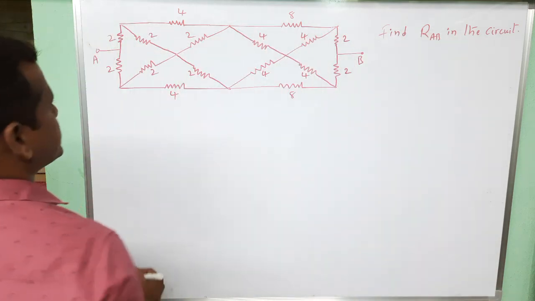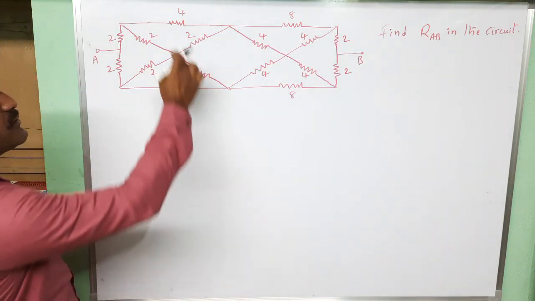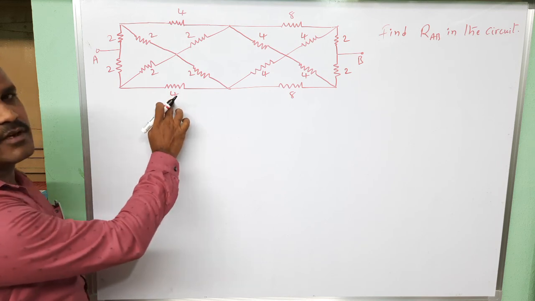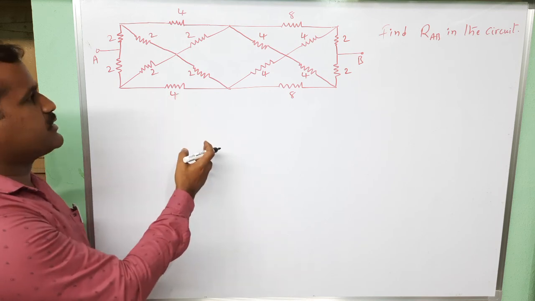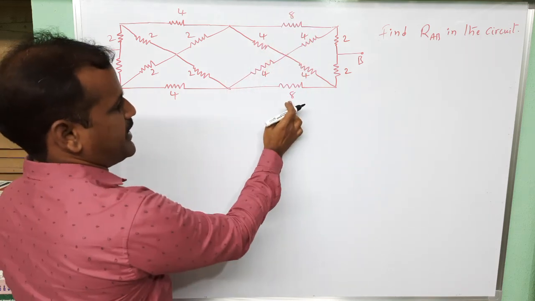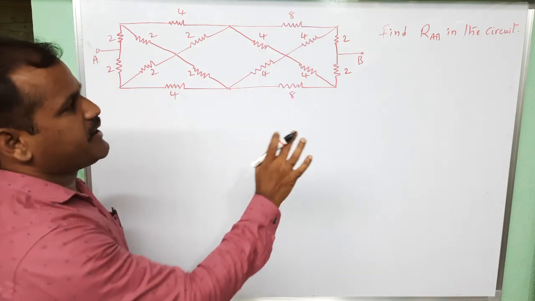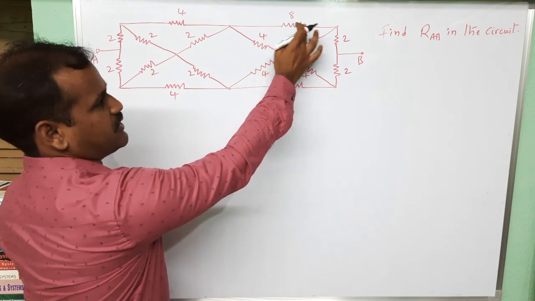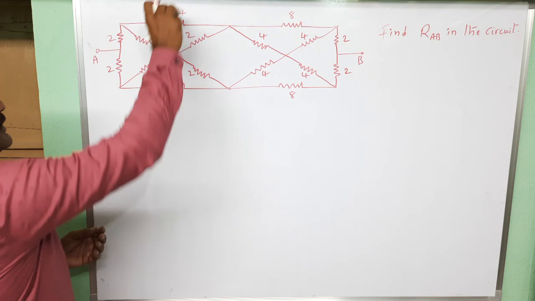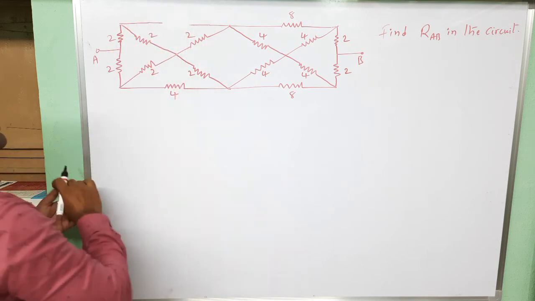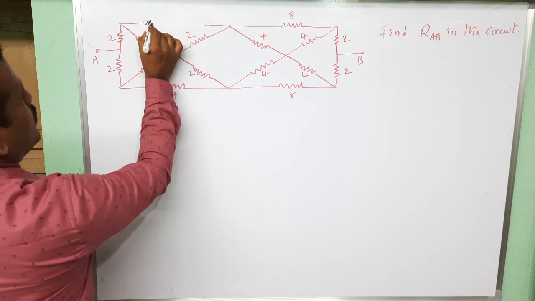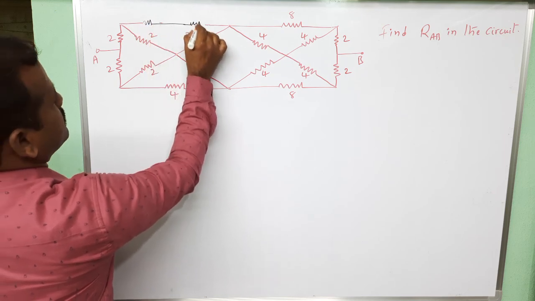For that, the first step, I am writing this 4 ohms as a 2 ohm resistance in series with 2 ohms resistance, and then this 8 ohm resistance as 4 ohm in series with another 4 ohm resistance. Similarly, this 4 ohms as 2 ohm in series with 2 ohms.